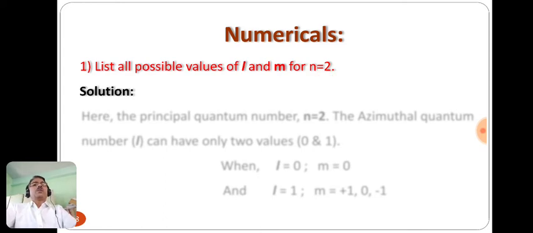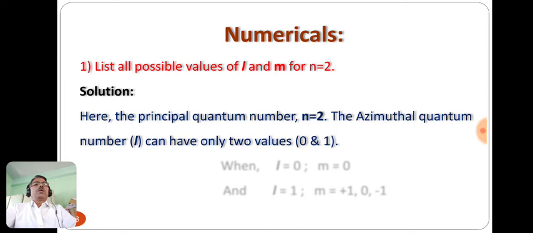Now the solution. We know that the principal quantum number is n equals 2. So the azimuthal quantum number L can have only two values, that is 0 and 1. And when L equals 0, the magnetic quantum number M has only one value, that is 0.